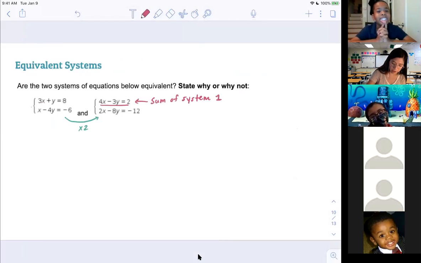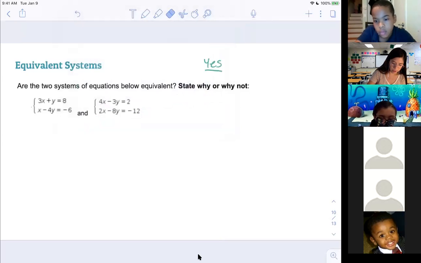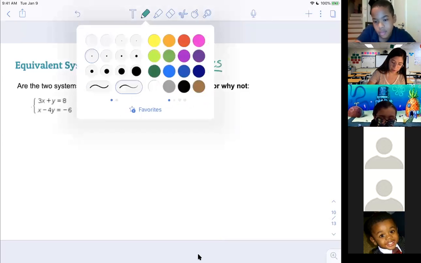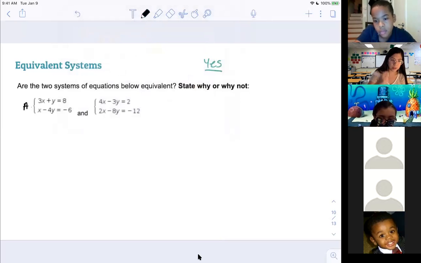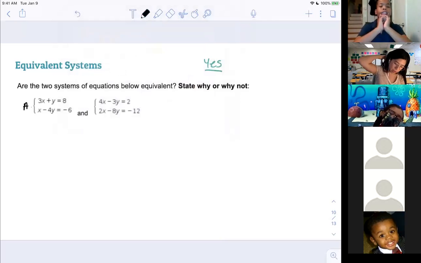Because I'm using the patterns, I do think they are equivalent. But now I'm going to use math to double check. I'm going to start by solving system A, and I'm going to move fast, because I just want to show you this so we can move on to the next one. If I want to solve system A, I'm going to multiply the bottom by what number? Negative 3, says Perla.